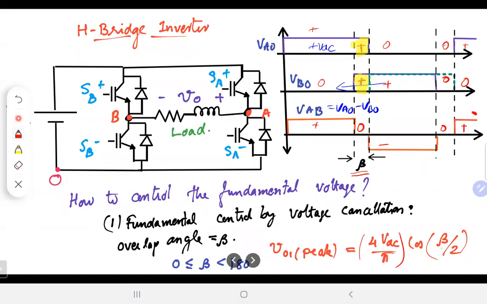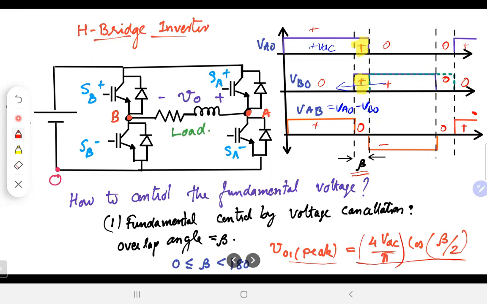When beta is equal to 180, I should get 0. So it will be cos of pi by 2. That will give me the minimum voltage. So this is the expression which we get. VO1, that is VO fundamental peak value, would be 4 by pi VDC cos of beta by 2.